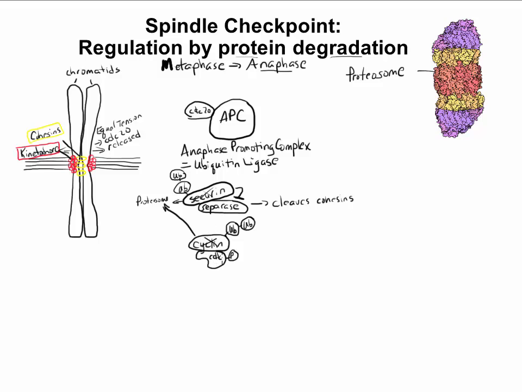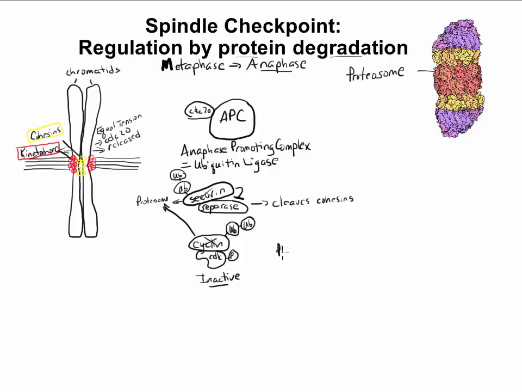So once CDK loses its bound cyclin protein, then that's effectively a molecular switch that flips this CDK enzyme back to its inactive state. So what's going to happen in the cell if there's no more CDK around phosphorylating nuclear lamina proteins and microtubule associated proteins and condensin proteins?